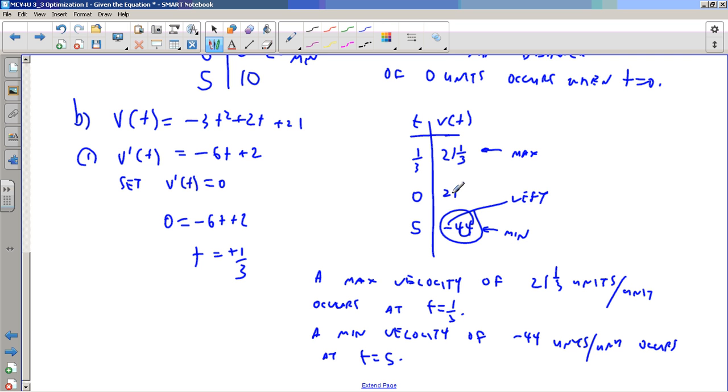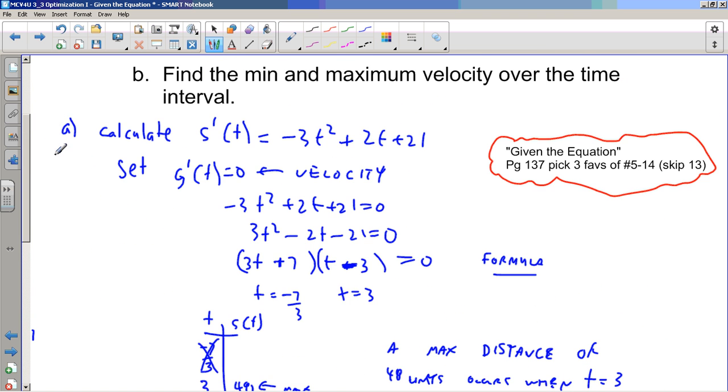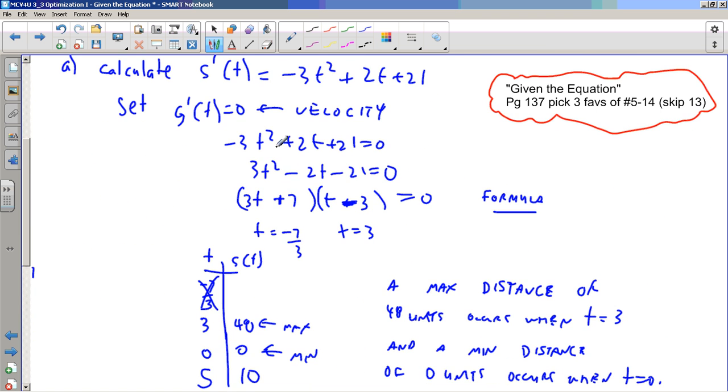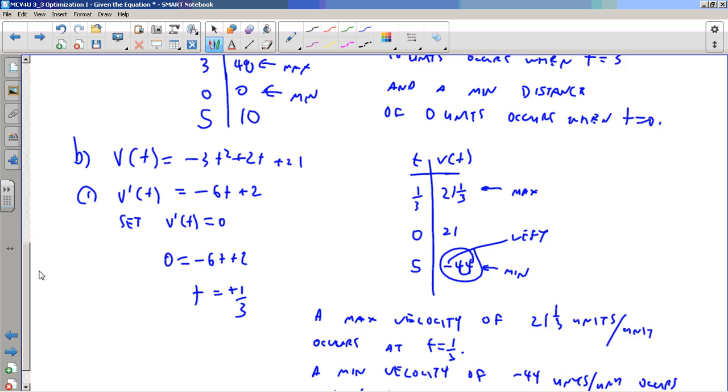Then would this be the minimum velocity? Well, we're not too worried about that. Certainly between 21 and negative 44, there's going to be a 0 in there somewhere as well, right? A 0 velocity, and we had that up here, right? When the derivative was 0, we had a 0 velocity at t equals 3, for instance.